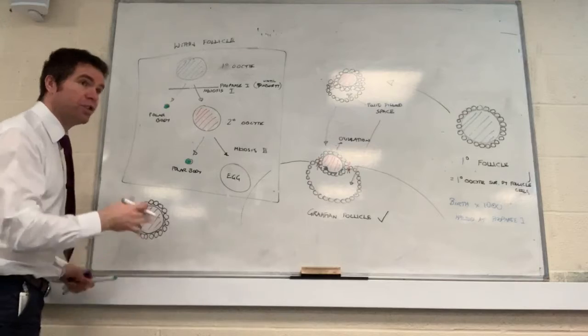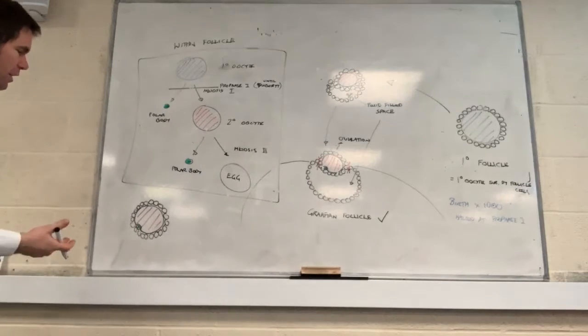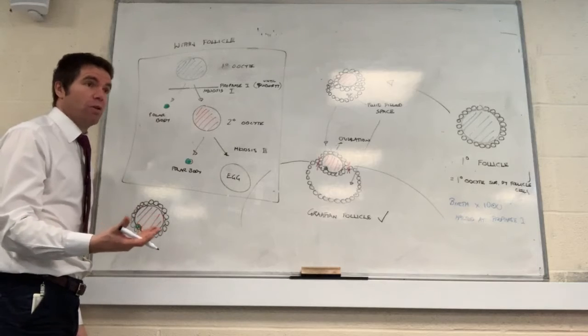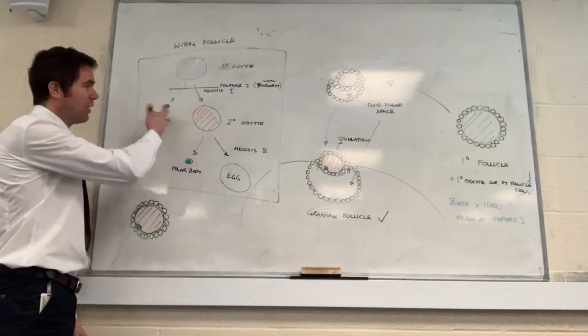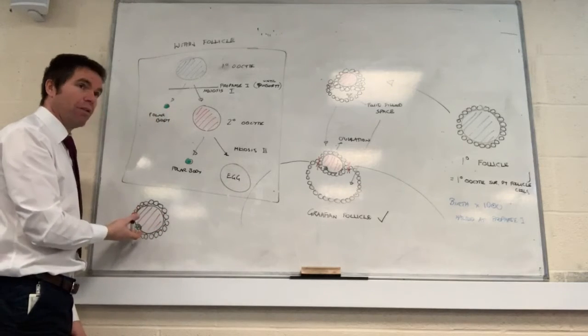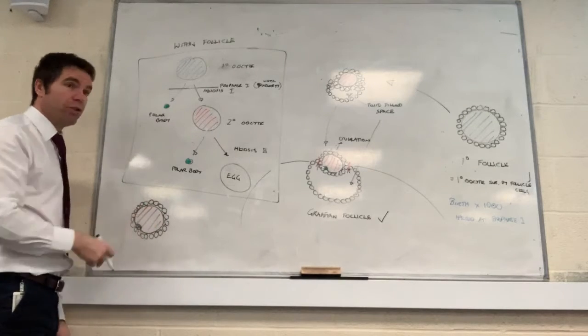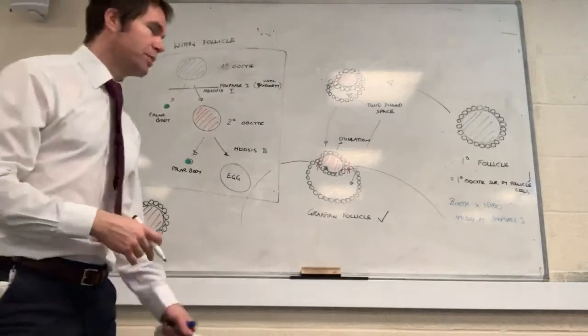But in time it will degenerate, and I prefer just to leave it out because it plays no role. It looks like they separated, and they have, but they're still part of this bigger structure. So the secondary oocyte is released at ovulation, surrounded by some follicle cells.